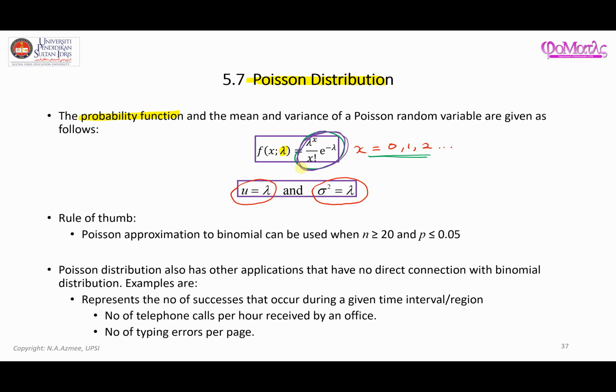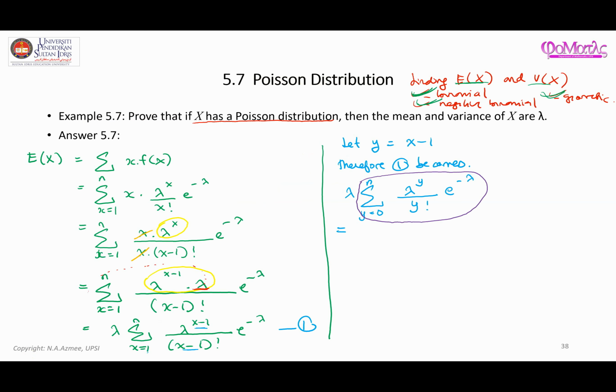So it means that our y here is a random variable with a Poisson distribution, because this is the probability function for a Poisson random variable. If you sum up all the probabilities from 0 until n, the result is supposed to be equal to 1. Therefore the final result is going to be lambda times 1, which is just equal to lambda. So we have managed to prove that the mean of a Poisson random variable is lambda.